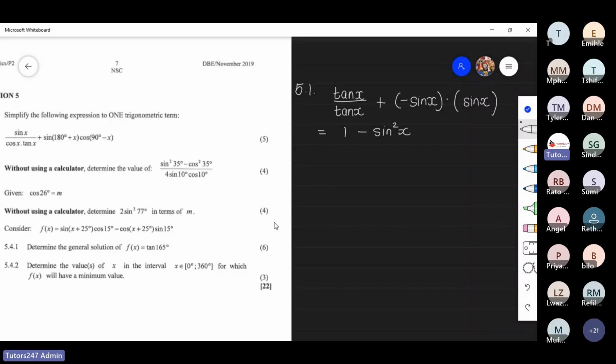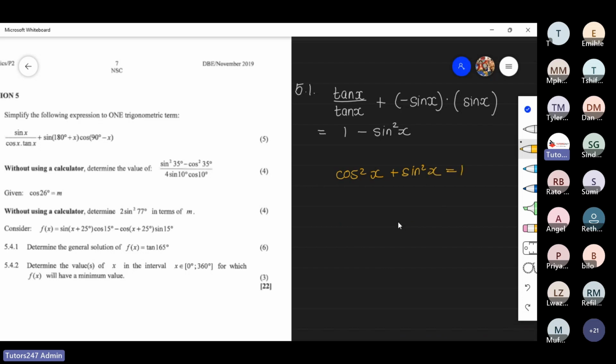Now, 1 minus sine squared x should look familiar to you. That is an identity that you should have memorized. So cos squared x plus sine squared x equals 1.